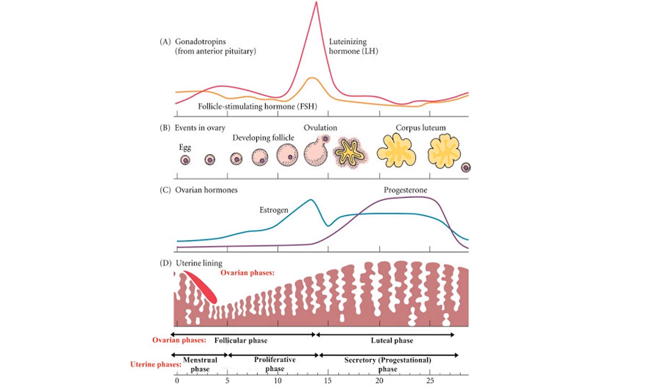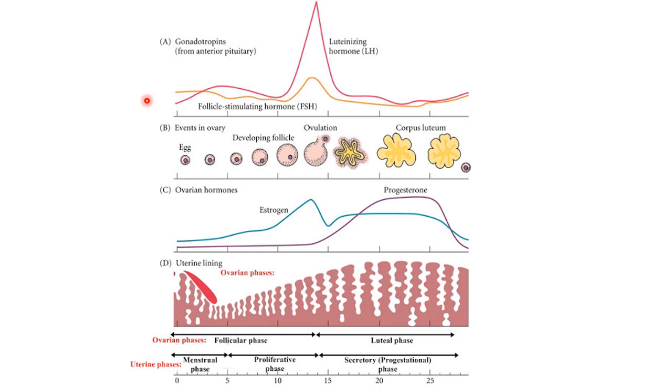This image then will put all the components of the ovarian and menstrual cycles together, as well as the gonadotropins that are being released from the pituitary gland. So remember, in the follicular stage within the ovary, as the follicle is developing, this is due to increasing levels of follicle stimulating hormone and luteinizing hormone from the pituitary.